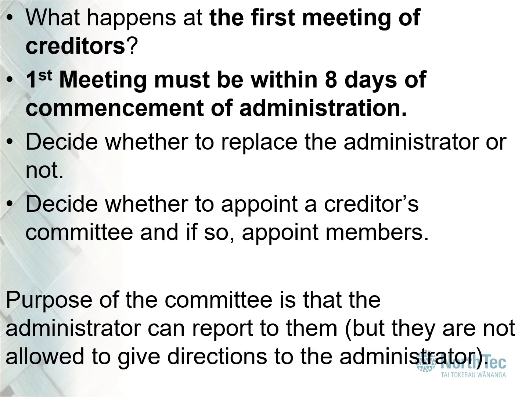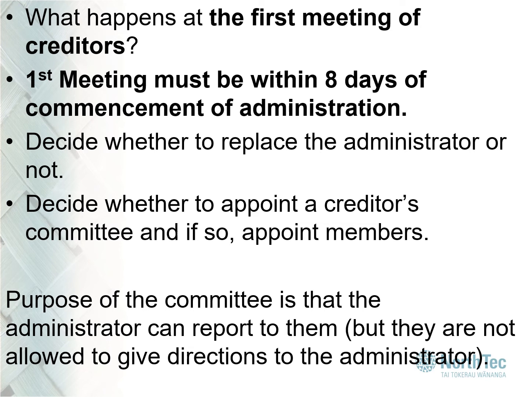What happens at the very first meeting of the creditors? So the first meeting, people, it's important that it must be held within 8 days after the commencement of administration. So that's very quick.